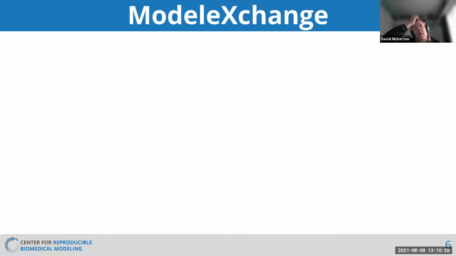And then this idea that's mainly led by Henning at the EBI and the BioModels team of collecting all the semantics in a meta repository called Model Exchange, so that you then have this place where you can search.